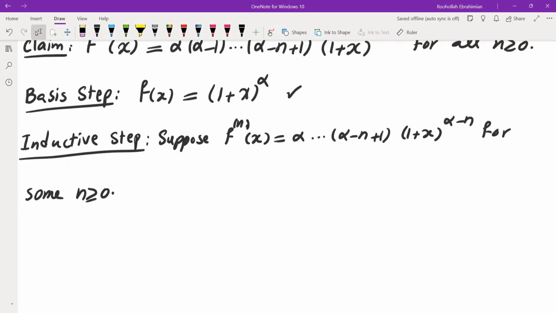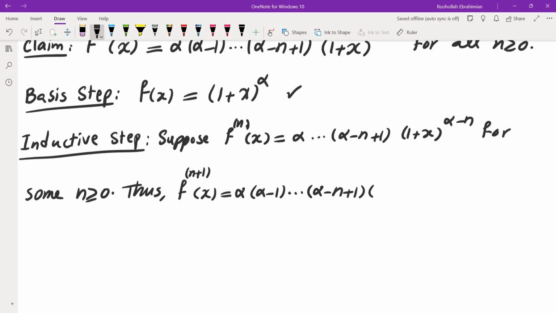So then I have to take the derivative of this. That tells us the (n+1)th derivative of f is equal to α(α−1)...(α−n+1) times the derivative of (1+x)^(α−n). By power rule, we get (α−n)(1+x)^(α−n−1), as desired.